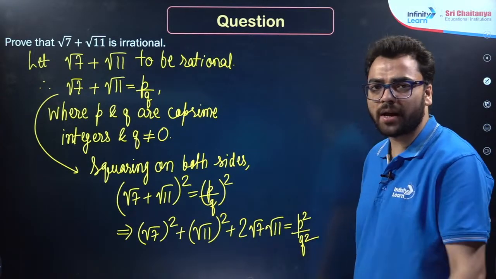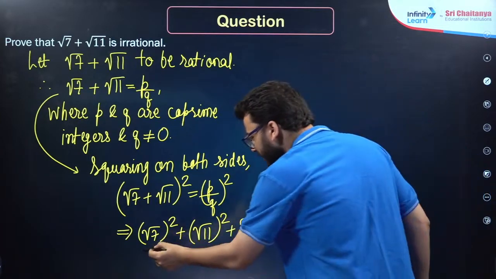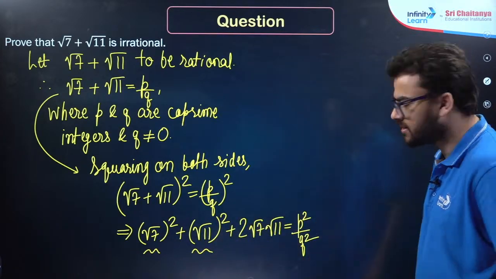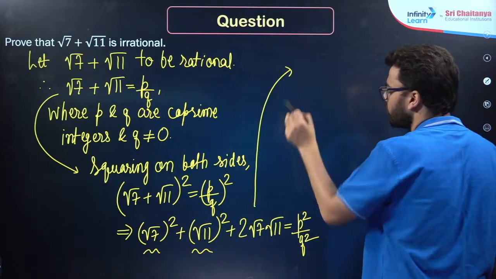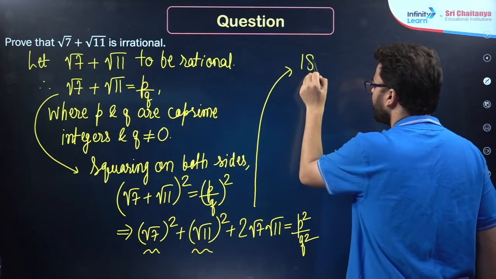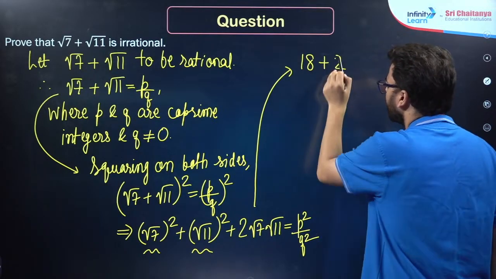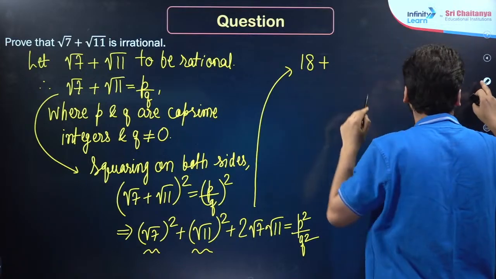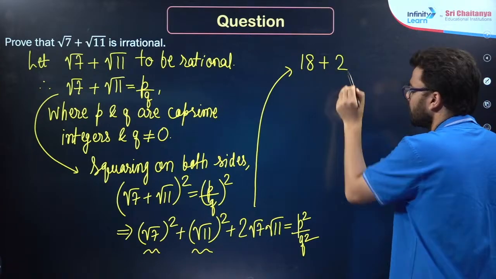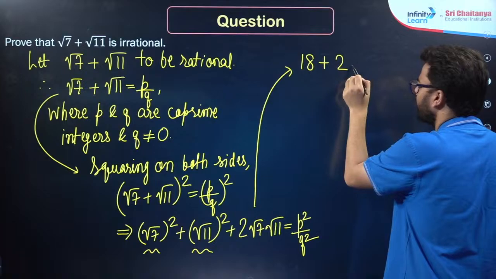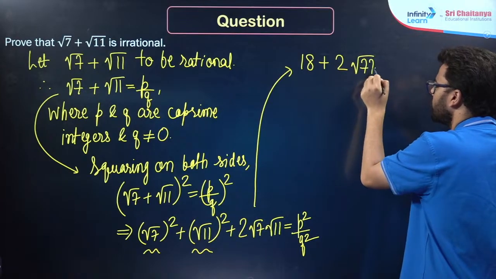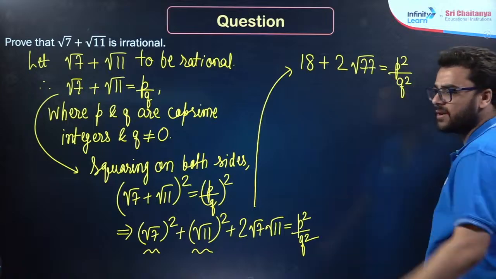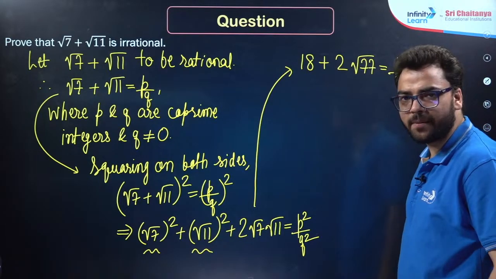Now you see over here, root 7 square is 7, root 11 square is 11, 7 plus 11 is 18. So after simplification, what will you get over here? That is 18 plus 2 root 77 will come, right? And that is equal to p square upon q square. I hope that one is clear, guys. Yes, that will be root 77.